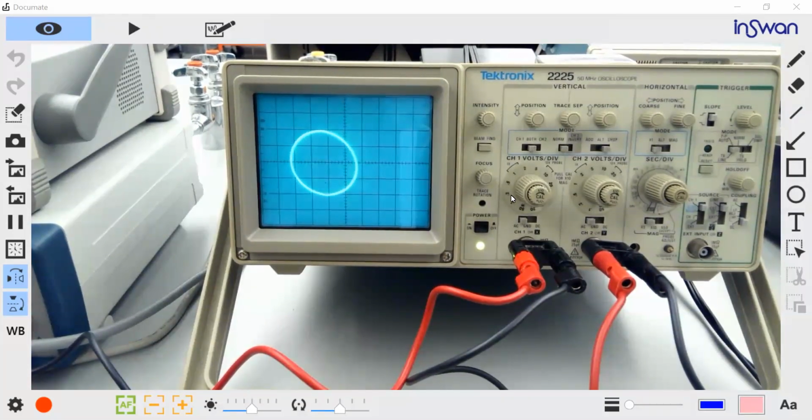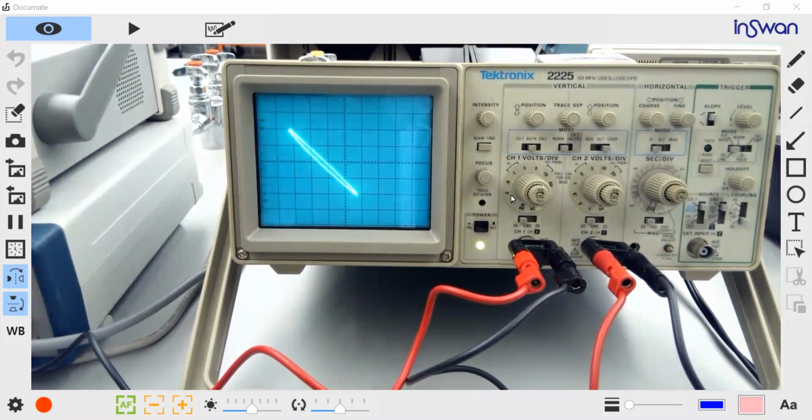That will make a circle stay there, right? So you can adjust the frequency. And we also have the 0 phase. So that will be the circle that you will be able to see.